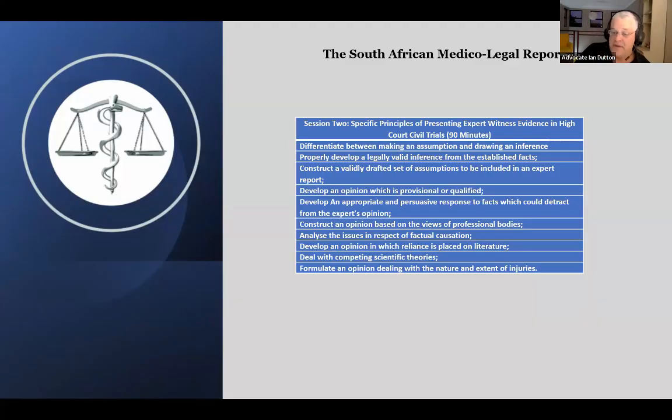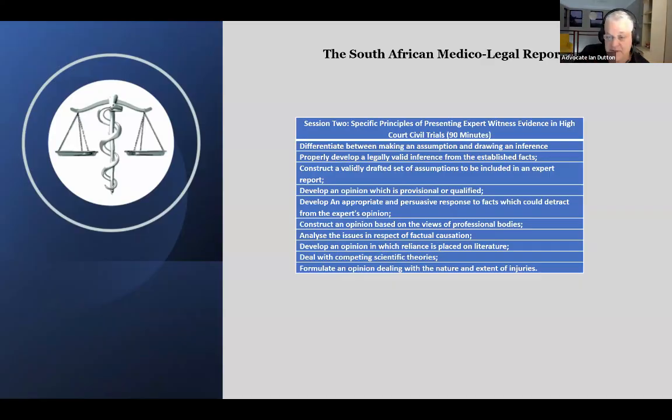Remember that test. And the courts will and do look to the views of professional bodies to give them guidance. Ultimately, the court retains the discretion whether to accept the views of the professional body or not. But I can tell you, in practice, the courts are very heavily guided by the views of professional bodies.